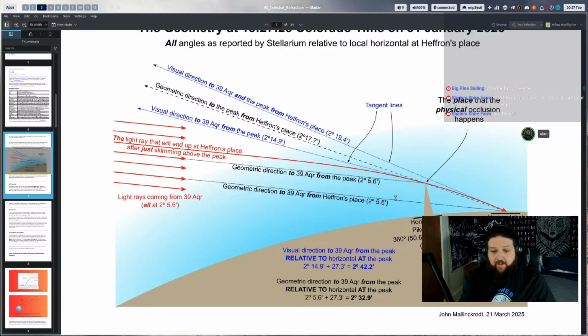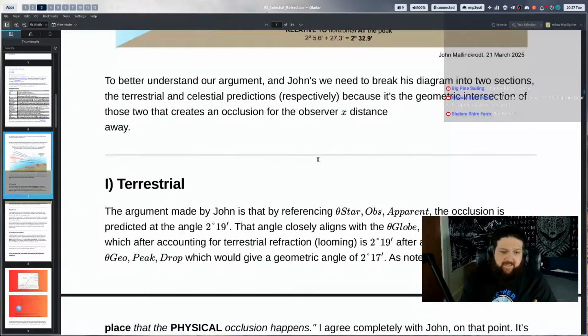So accounting for astronomical and terrestrial refraction, the star is lifted to the peak where it intersects at 219, which is the predicted refracted apparent angle for the globe at this time. Very cool. Seems like he's on the right track there. So that's his exact position.